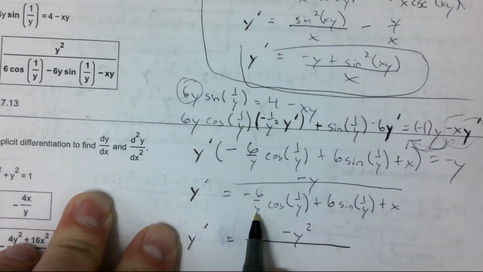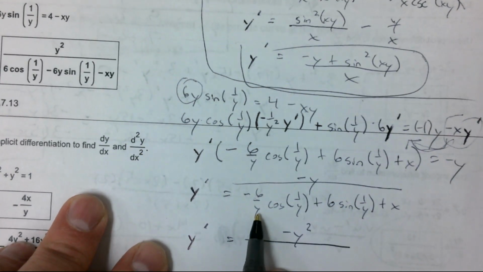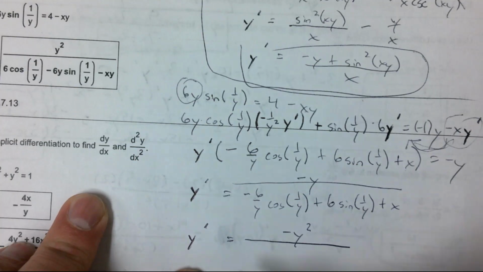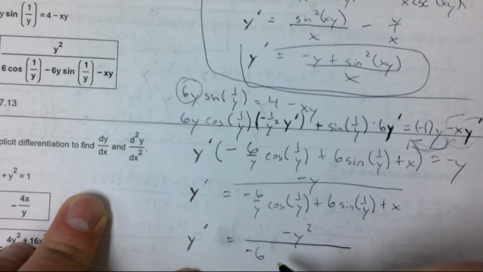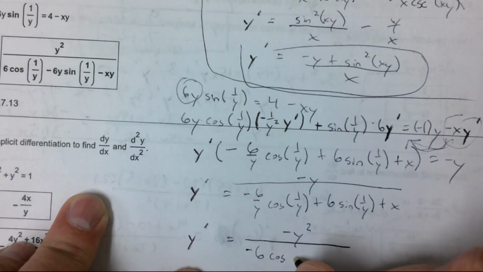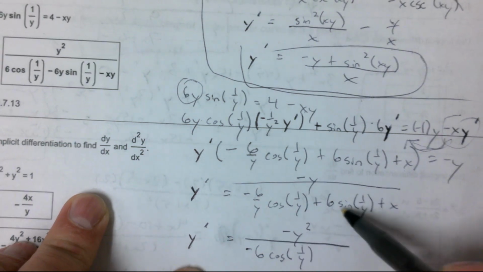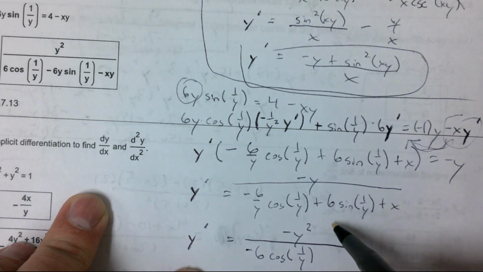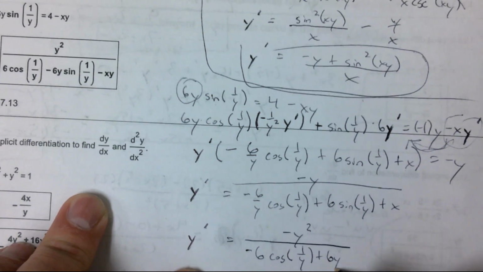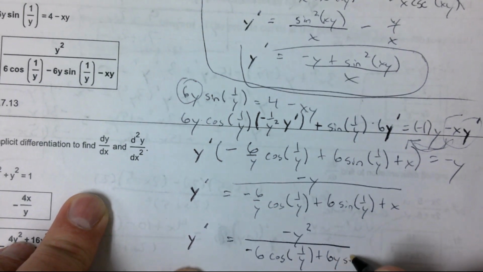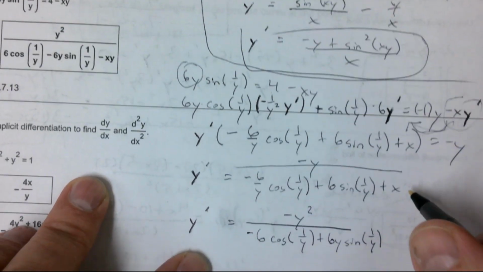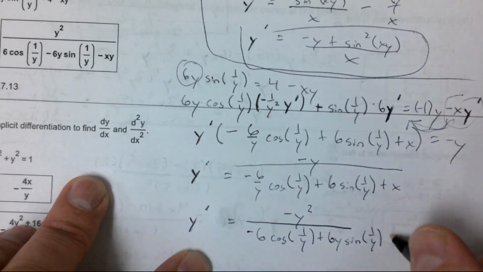When you multiply this, you end up with negative 6 cosine 1 over y, and multiply this by y, and so we get plus 6y sine 1 over y, and then multiply this one by y, and so we get plus xy.